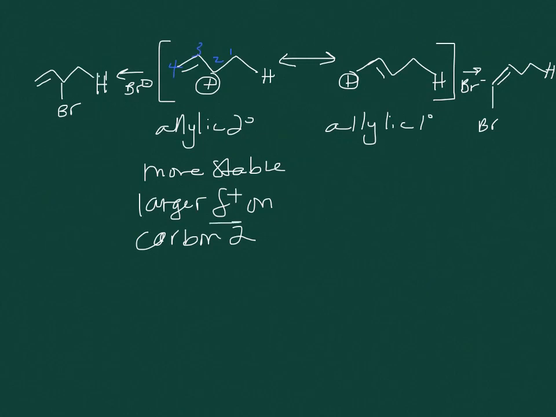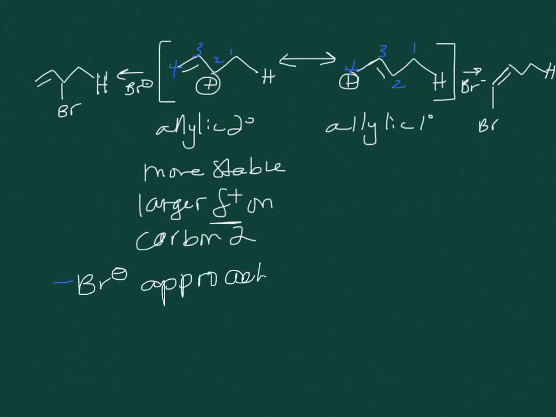You have a larger partial positive on carbon 2 than you do on carbon 4. So when Br minus approaches, it's going to see a larger positive charge at the secondary carbon, or carbon 2 in this case.